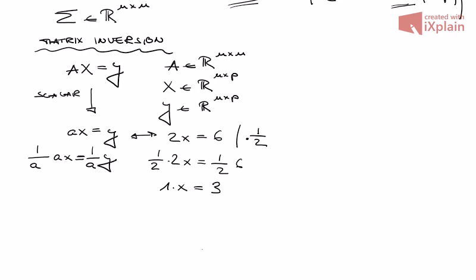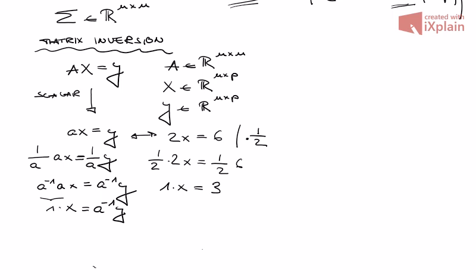And this is how you get to your result, because then you have 1 over a times a, which we can also write as a to the power of minus 1 times a x. And because a to the power of minus 1 times a is just 1, we get x equals a to the power of minus 1 times y. And the whole thing works because this is 1.